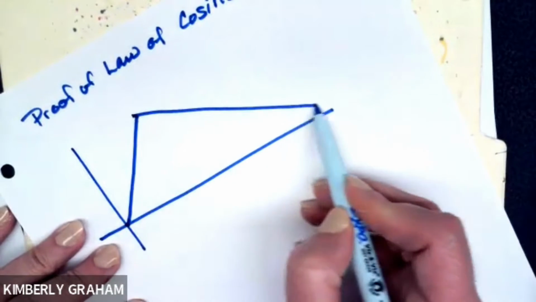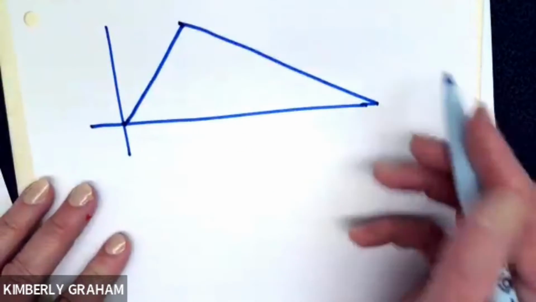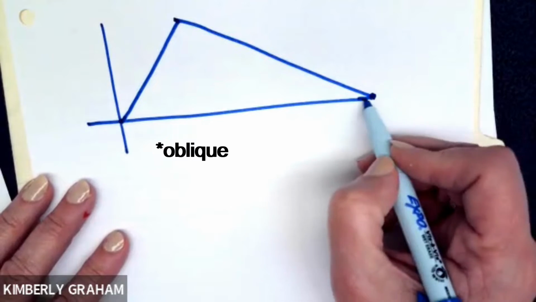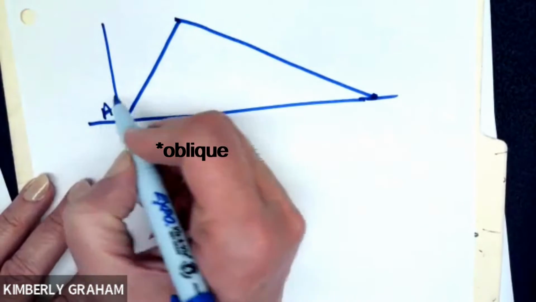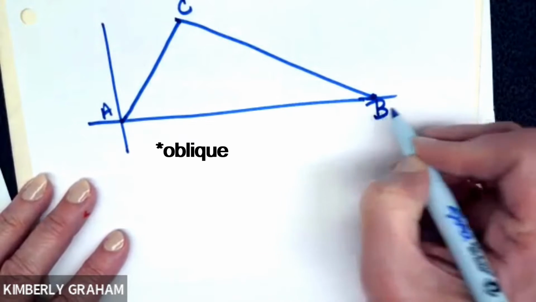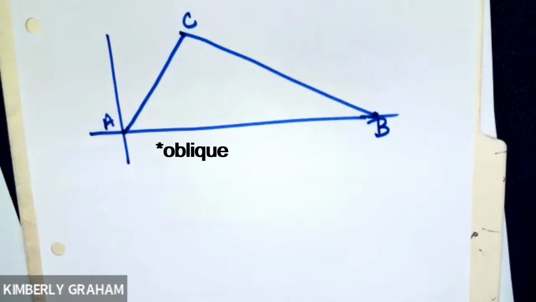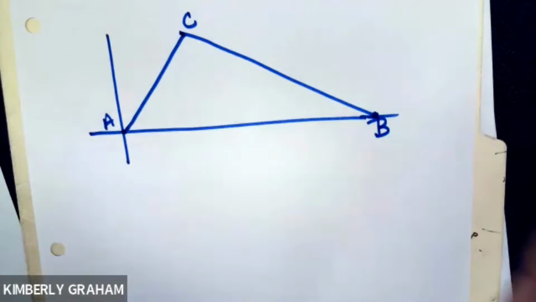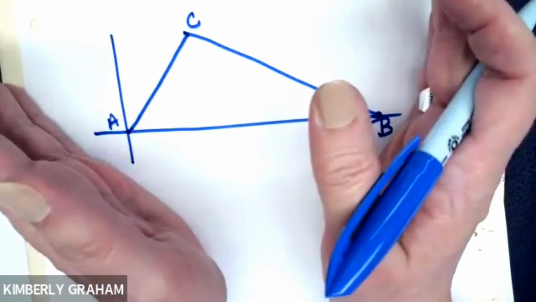So I have this obtuse triangle. I'm going to call this point A, this point C, and this point B. No matter what obtuse triangle you have, you can turn it around and flip it upside down and move it left to right, up or down, and put it in quadrant 1 to where it looks like this.